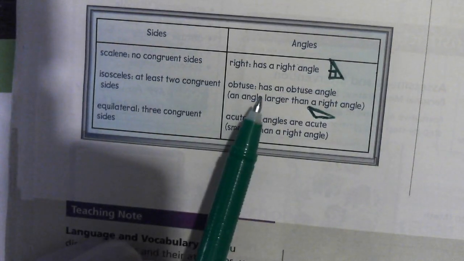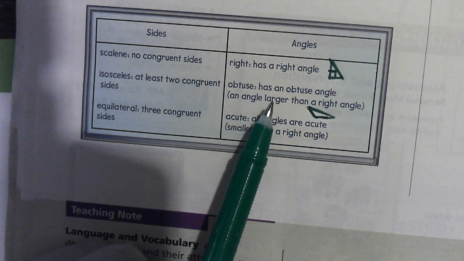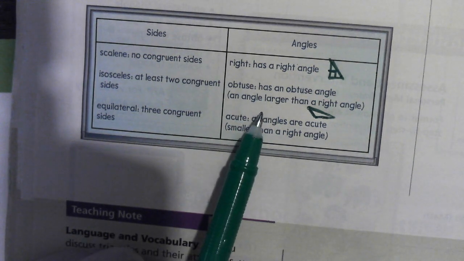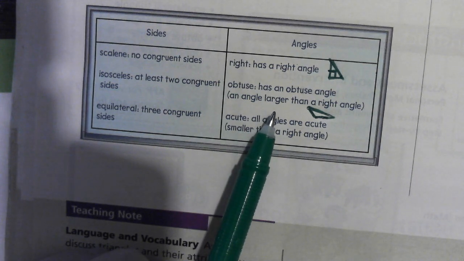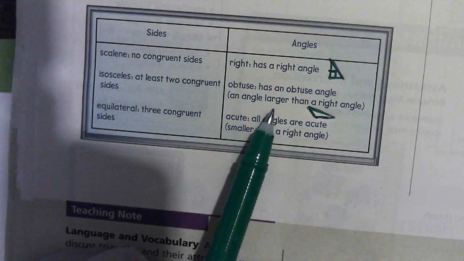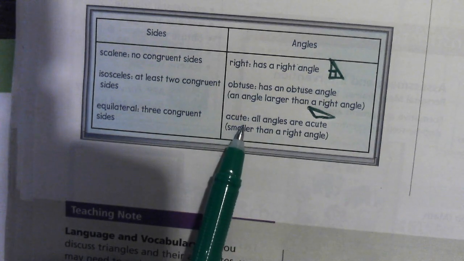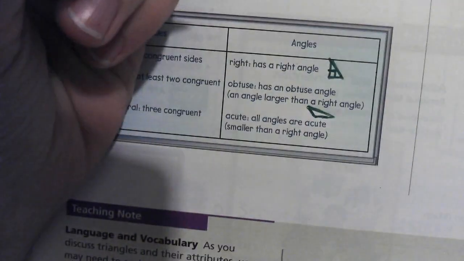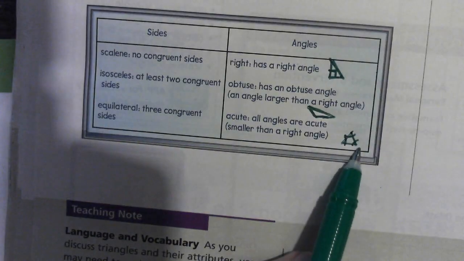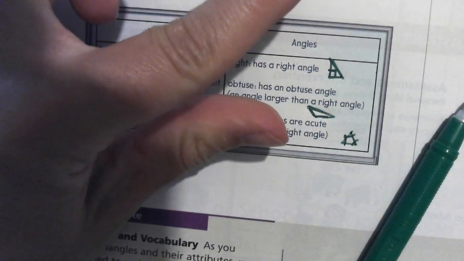So your triangle could be right and have one right or 90-degree angle. An obtuse triangle has one obtuse angle, or one bigger angle. And an acute triangle has all angles that are acute, or smaller than 90 degrees. So this is an acute triangle because all of these angles are smaller than 90 degrees.